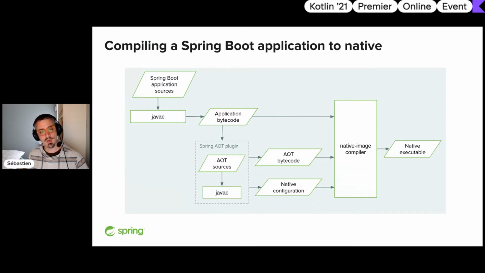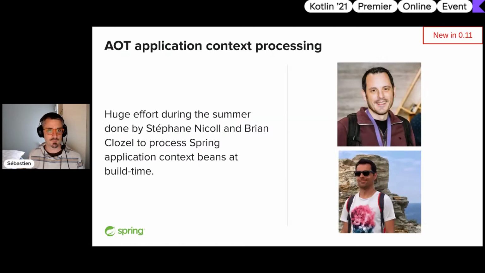But what we are adding in Spring Native is the Spring AOT plugin that will generate some sources ahead of time, compile them via a second phase of compilation, and generate some ahead of time bytecode and native configuration that will be basically complementary to the application bytecode. And this is what is compiled by the native image compiler, which then creates the native executable.